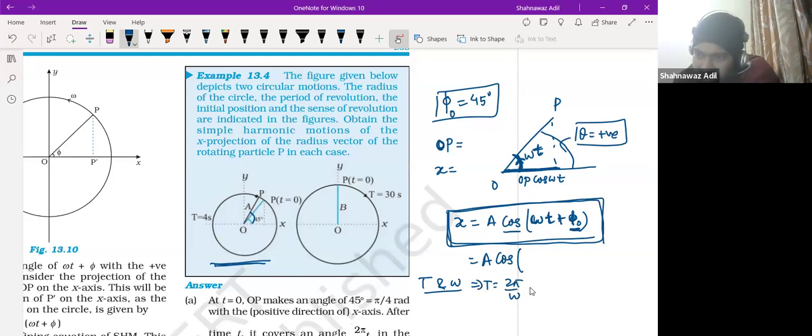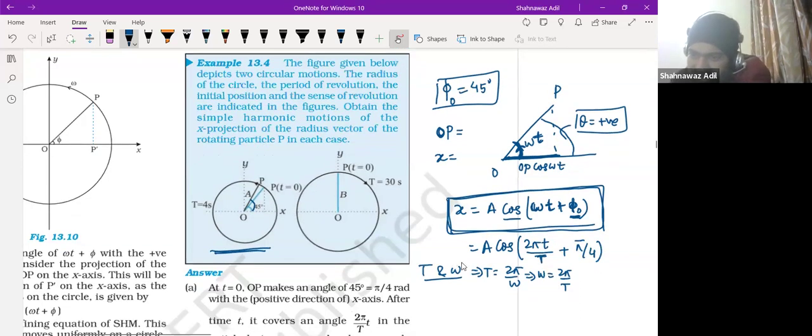So omega we can write as 2 pi by T. So if you write this in here, this would be 2 pi t by T plus phi naught. Phi naught is how much? That is pi by 4.